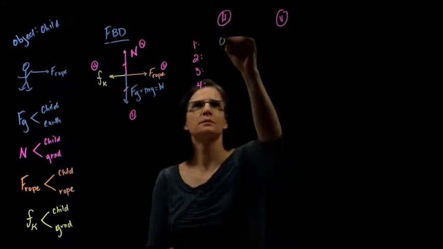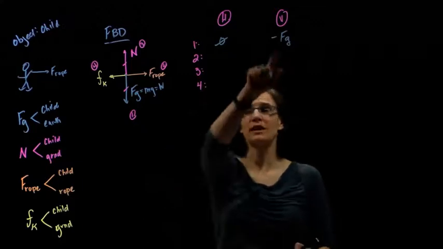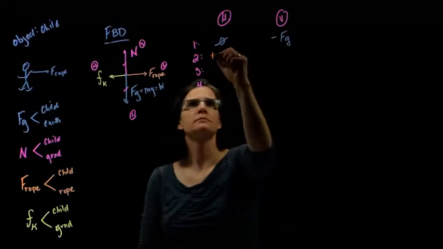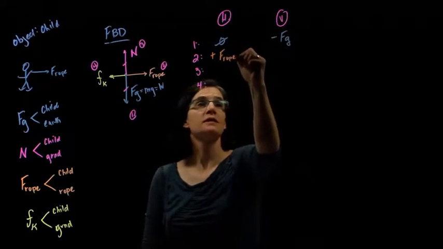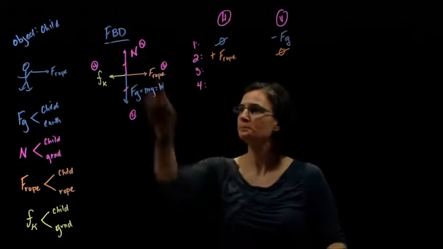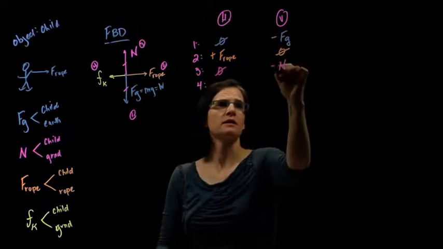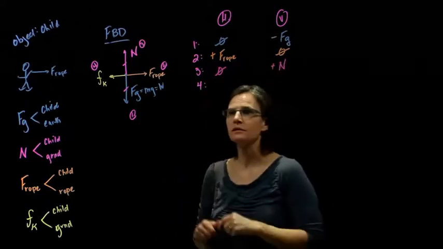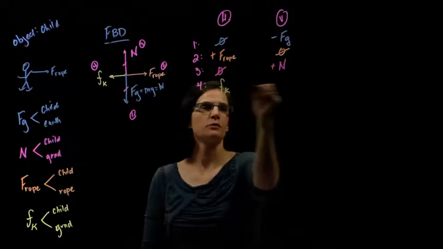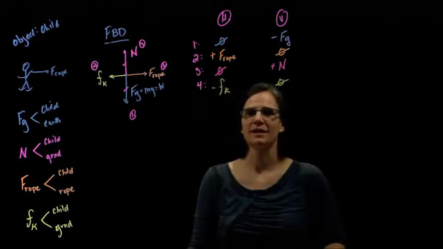Nothing horizontal, only in the vertical direction, and it's down, so I have that negative. Force 2 is the force of the rope. It's to the right, nothing vertically. Positive gives me to the right. Force 3 is my normal force, nothing horizontal. It is up, so that's a positive vertical. And force 4 is my frictional force. It acts horizontally. It's, of course, to the left, so we make it negative.